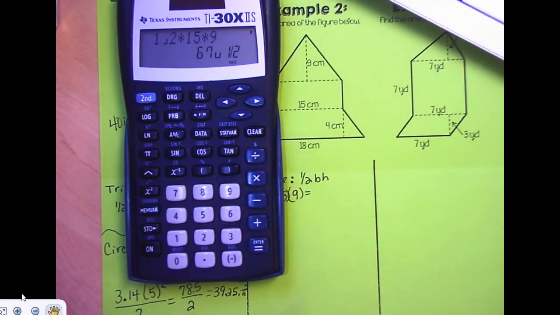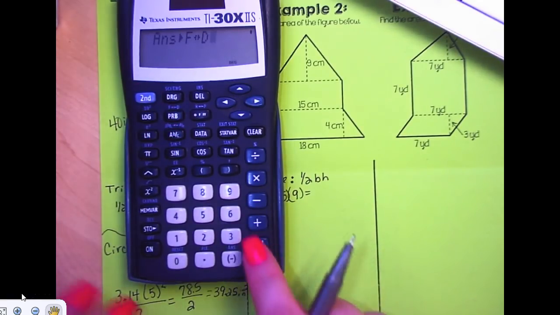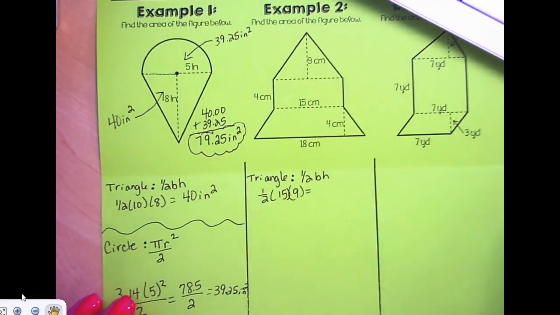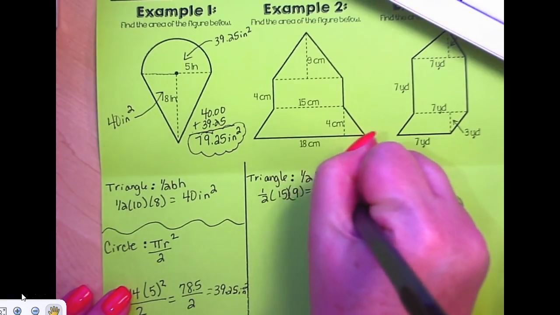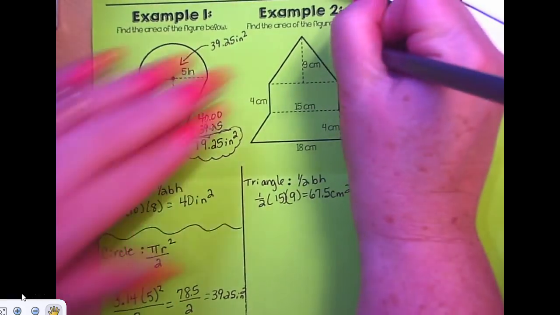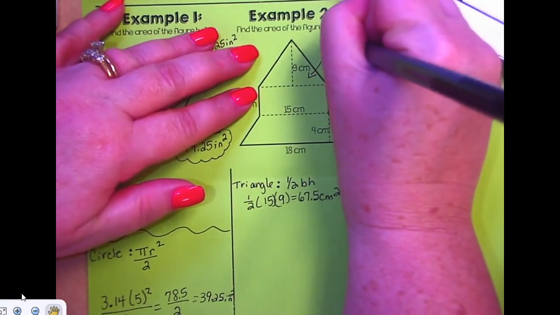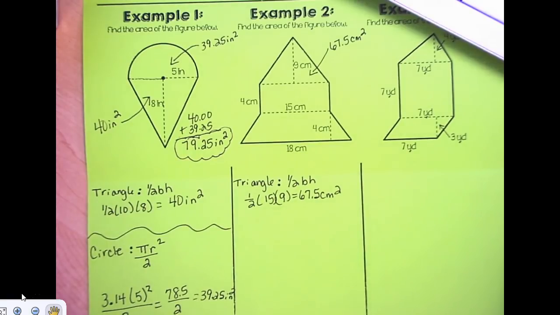67 and 1/2. Do you want to leave it a fraction or do you want to change it to decimal? Which one would make you feel better? Let's change it to a decimal. 67.5 centimeters squared. Okay.